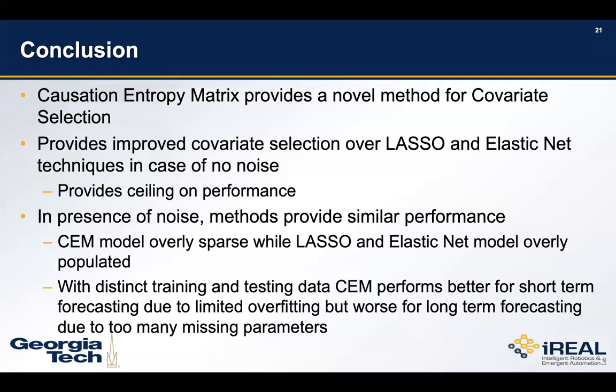However, in the presence of unmitigated noise, the CEM will become overly sparse, while lasso and elastic net will become overly populated. With the distinct training and testing data, the CEM performs better for short-term forecasting due to limiting the effects of overfitting, but worse for long-term forecasting, as its overly simplified model is simply missing too many parameters to entirely model the system.